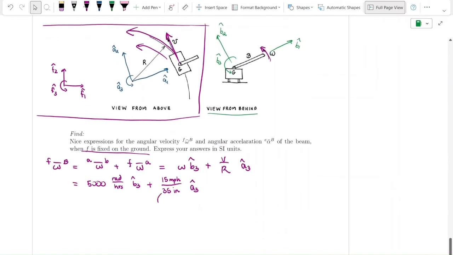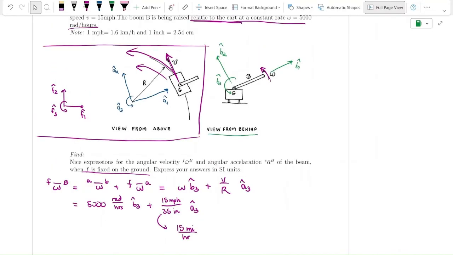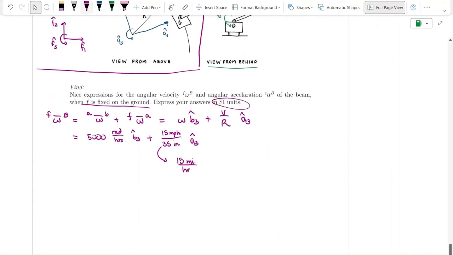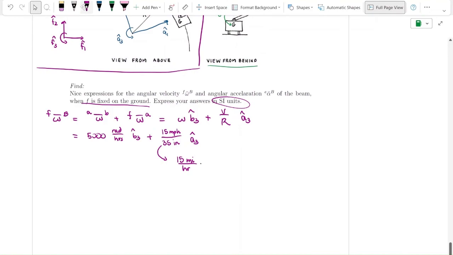Okay, let's see if I can remember how to do dimensional analysis. So 15 miles per hour. It does say in SI units, so we should probably do radians per second. Wow, I cannot handle numbers. Okay, 15 miles per hour times 1 over 35 inches.